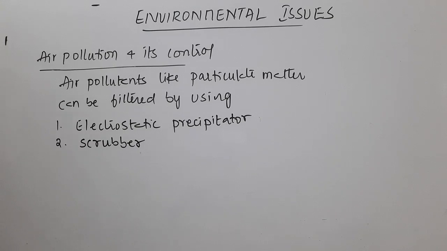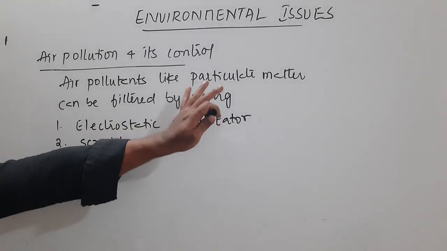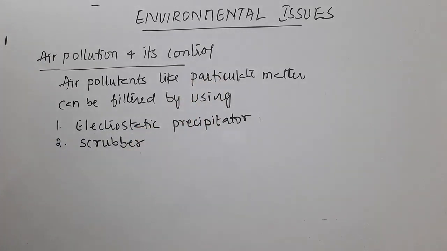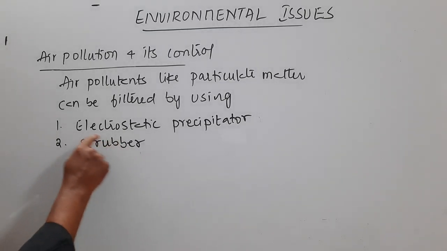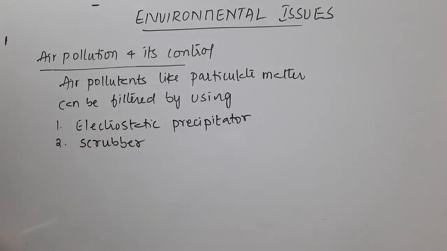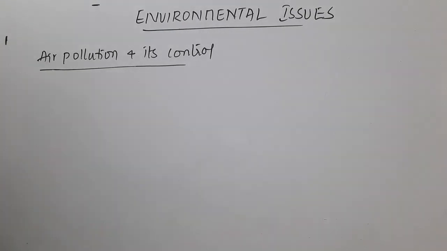These are the two instruments we will use to filter particulate matter from the gases produced in an industry like thermal power plants. First we shall see how the electrostatic precipitator helps in filtering this particulate matter.